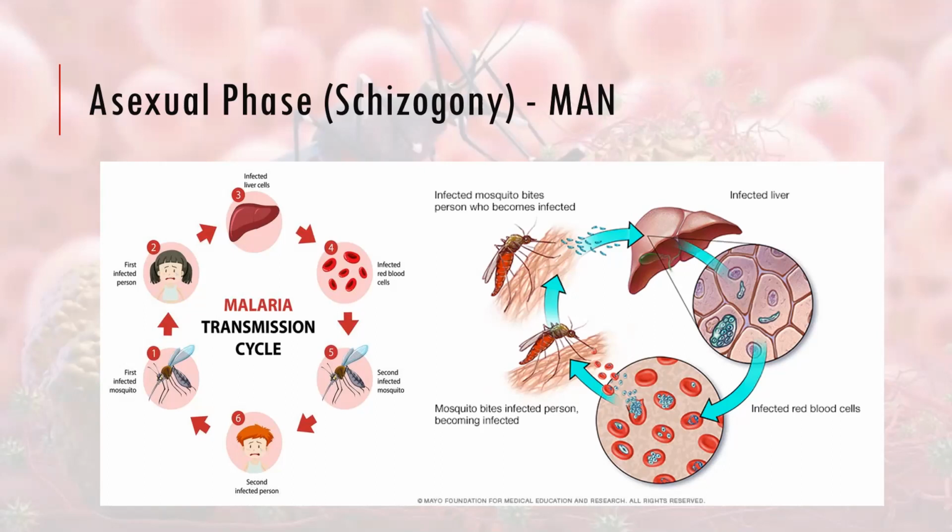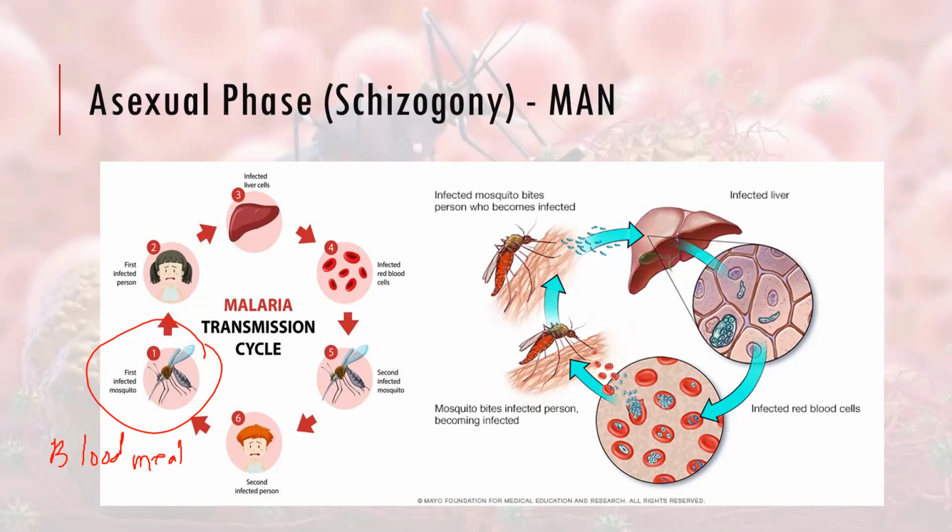Again, this Plasmodium species or Plasmodium malarial, let me make myself clear. This Anopheles mosquito had a blood meal. Okay? This is an infected Anopheles mosquito. Again, guys, infected mosquito.